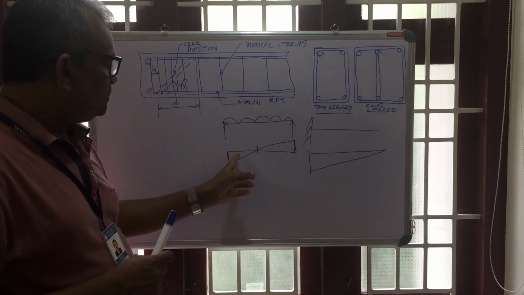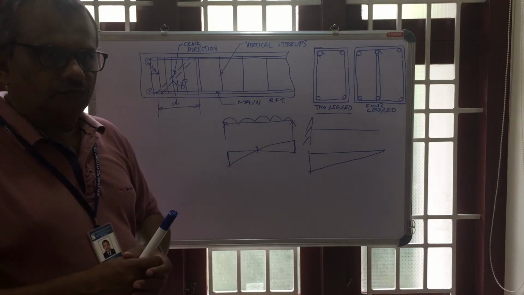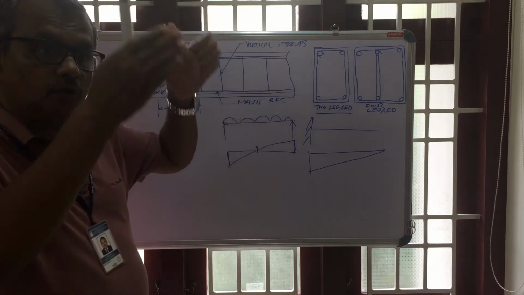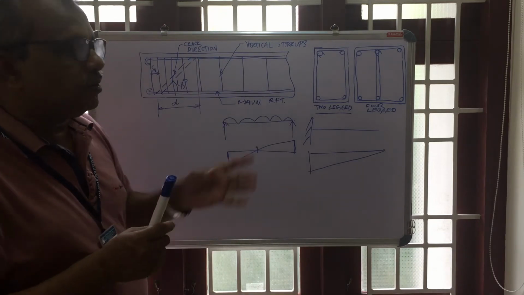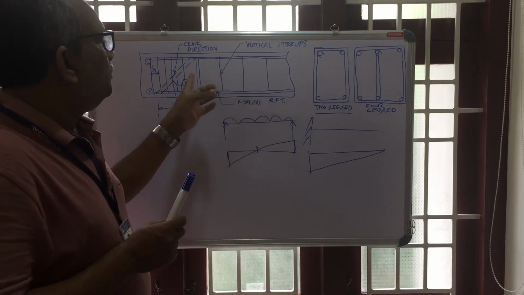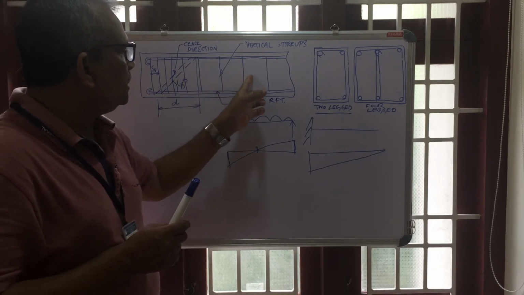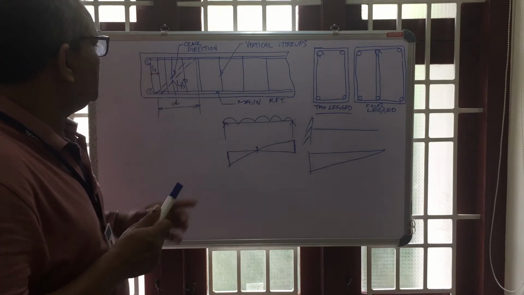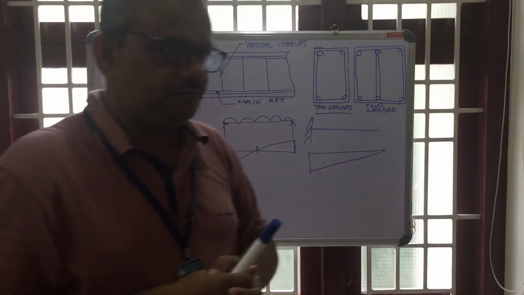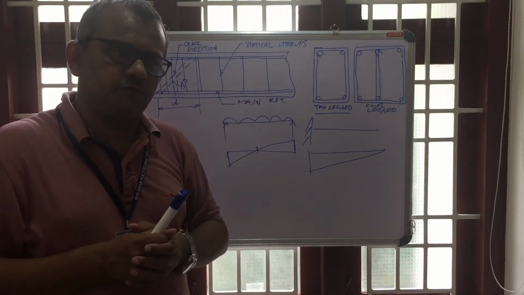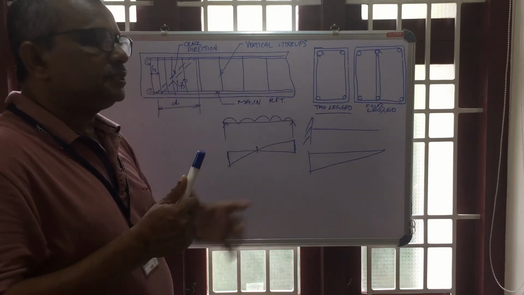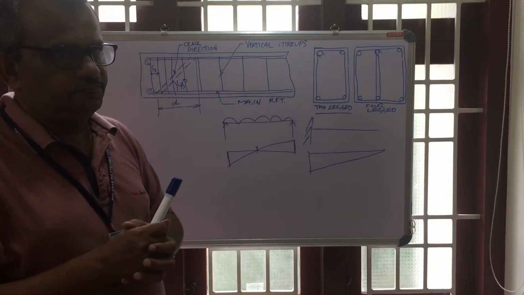It's decreasing to the middle. Therefore, we can increase the spacing. We can reduce the number of shear bars or stirrups near the middle. See here, the spacing is increased, and here the spacing is very less. SP is the notation for the spacing of shear reinforcement. So that is the importance of shear reinforcement and why it is provided in the beams in addition to the tension or compression reinforcements. Okay.